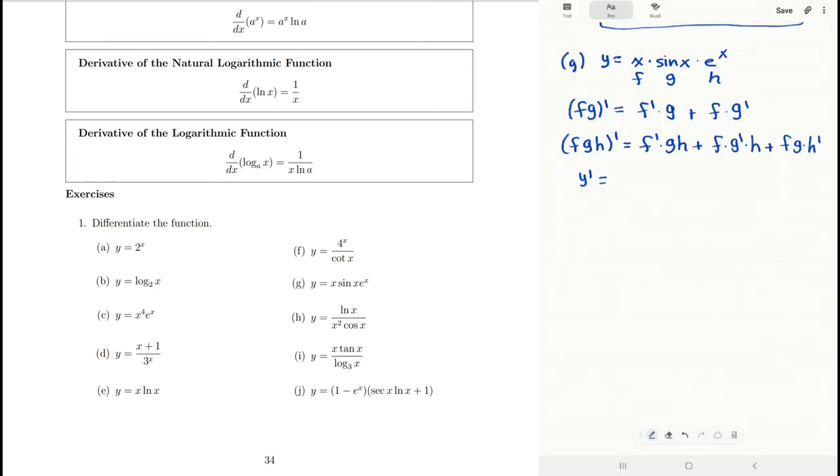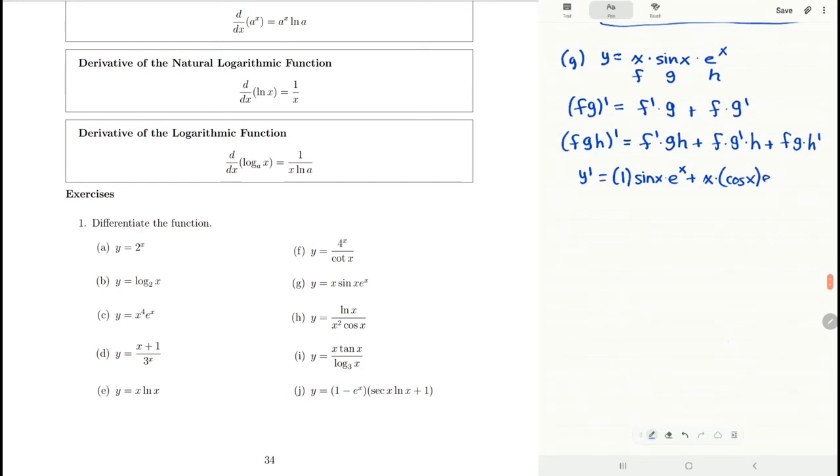So f prime is 1. That's multiplied by the sine of x times e to the power of x. And then we add it to f, which is x, times the derivative of g, which is cosine of x, times e to the power of x.